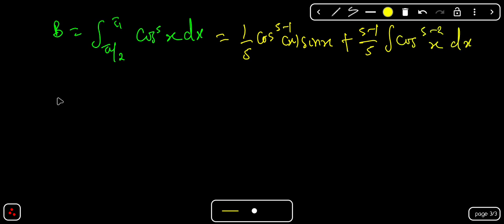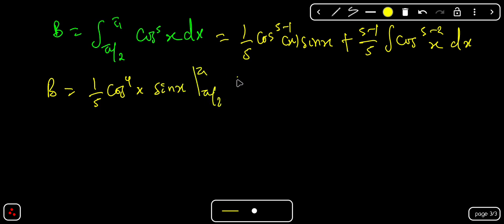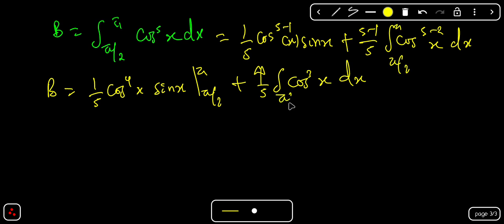Okay, so B will be equal to 1 over 5 cos⁴x sin x. So we can apply the limit from pi over 2 to pi, then plus 4 over 5 times the integral of cos³x dx. If you apply the limit pi over 2 to pi, don't forget pi over 2 to pi. What do you notice?